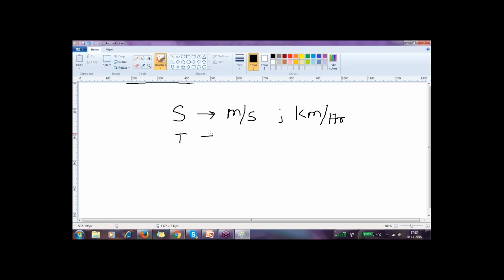Time can be in seconds or can be in hour. Then distance can be in meters or can be in kilometers or even miles also. Fine.